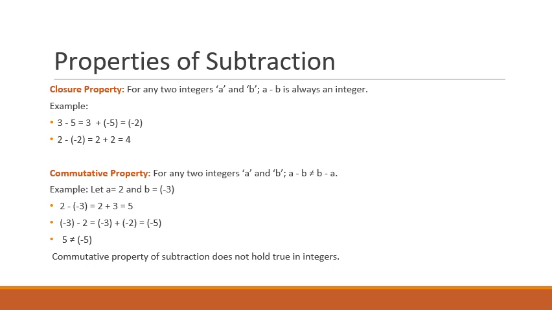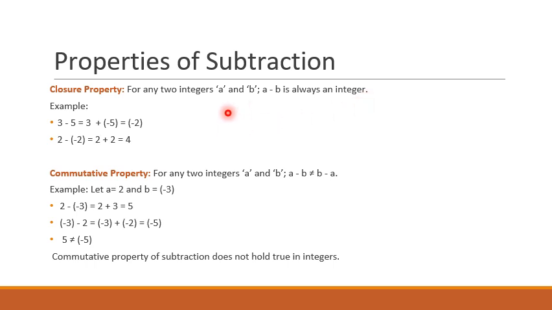Now let's see the properties of subtraction of integers. The first property is the closure property. So what does the closure property say? It says for any two integers a and b, the difference a minus b is always an integer.